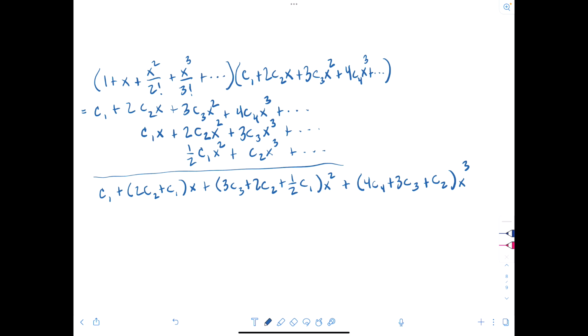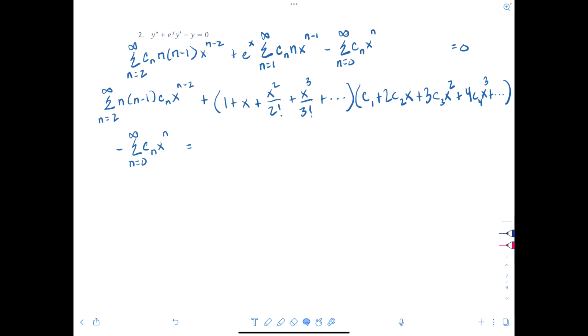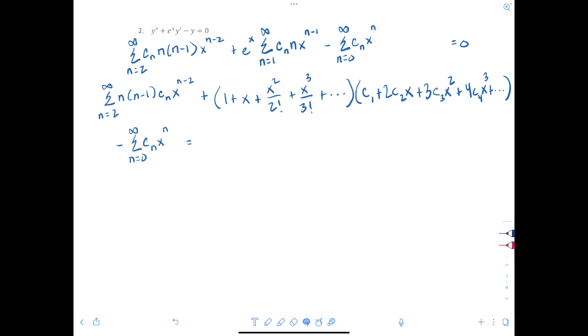All right, so now let's check out what we've got. We'll bring this back over here and see what we've got. So I'm going to go ahead and work out the first few terms of that very first summation.